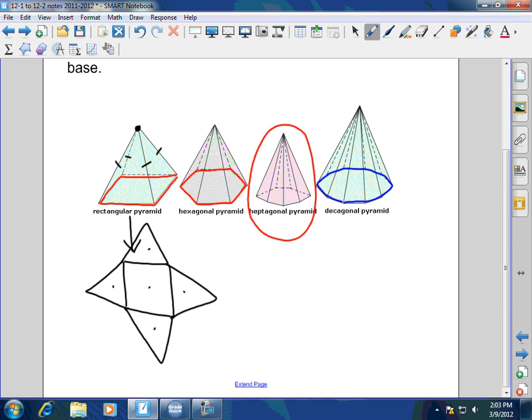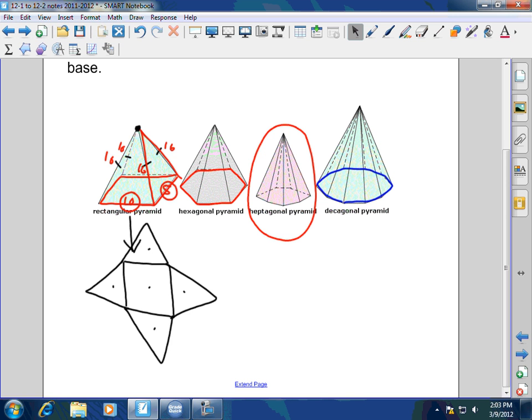All the triangles in this particular case are congruent because, actually no, they're not congruent. This is a rectangle. So if that's 10 and this is 5, this could be, for example, 16 and 16 for all of the heights. But this base is 8. This base is 10. So no, the triangles are not congruent. They're just isosceles.